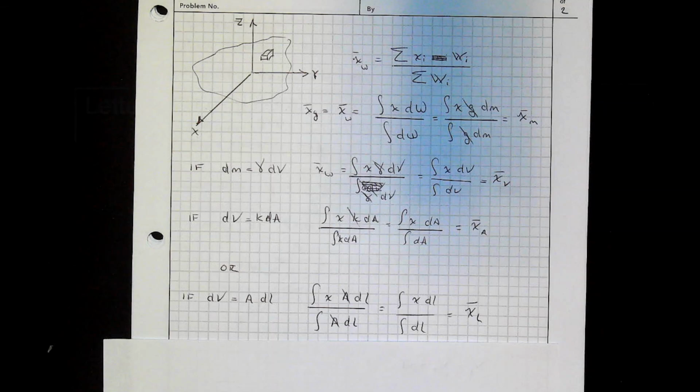This is classically how you did it. There's that equation. This is relative to weight. Okay, you could do it to weight, to mass, to volume, and so on. Now, when we go to this blob, we're going to have an infinite number of parts.